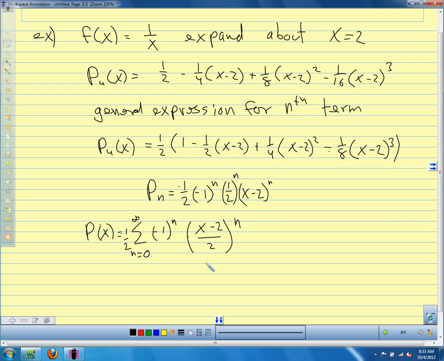So that would be a power series representation of this function.